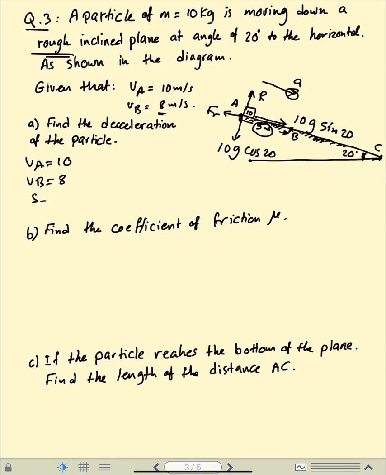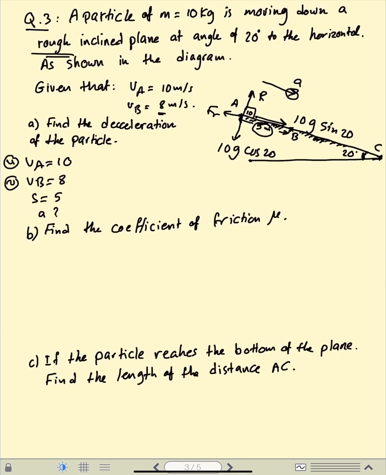S is 5. He wants a. So you must remember which formula. Remember that V at A is U, and V at B is V in the formulas. But it is more convenient, more expressive and clear to write V at A is 10, V at B is 8, S is 5 meters. He wants a.